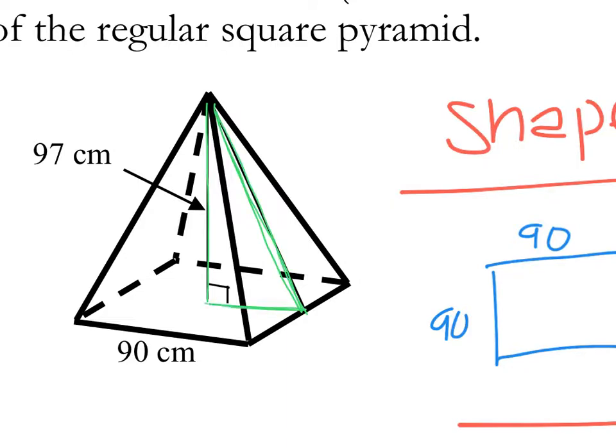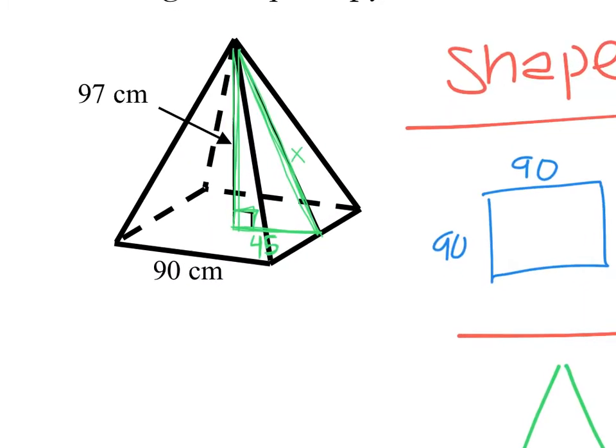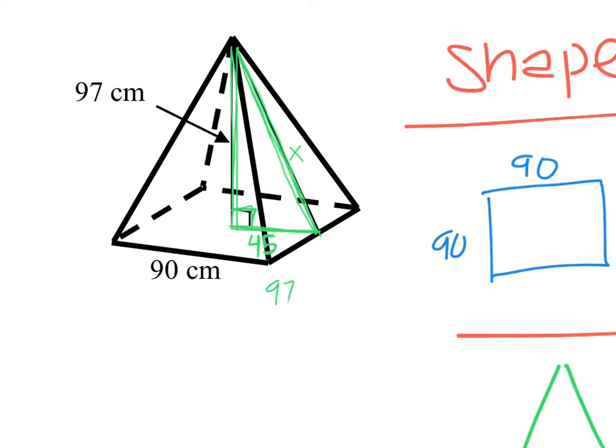Now, if I connect those two, what kind of triangle is that? If you see it, there's a right angle here. So that means it's a right triangle. And if you see the bottom, the whole side is 90. So if I want half of that, it's going to be 45. So 45, 97, and x. Well, now I can do a Pythagorean theorem. 97 squared plus 45 squared equals my x squared.